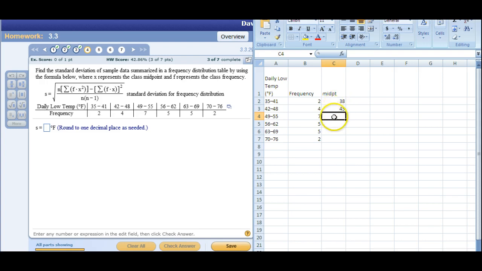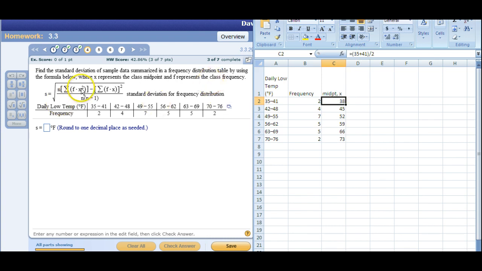It's fine if you just want to do it all the way down, but if you take the previous number and equals that plus 7, equals that plus 7 all the way down, you have your data set. Alright, you'll have your midpoints. So that's X. I'll just put it beside it. That's X.